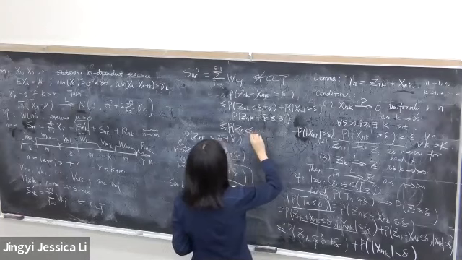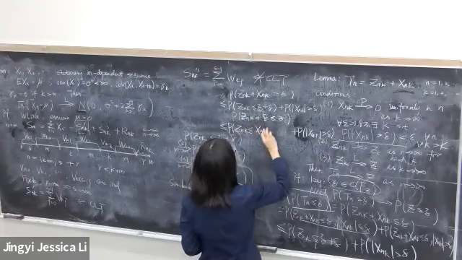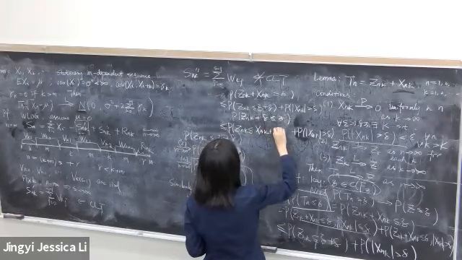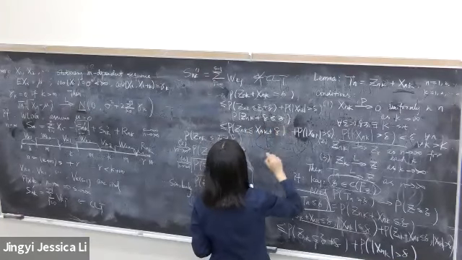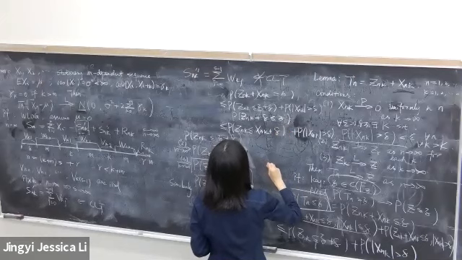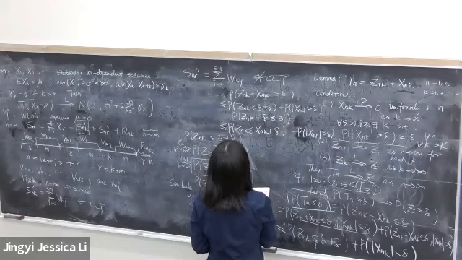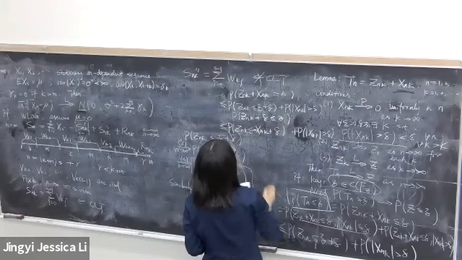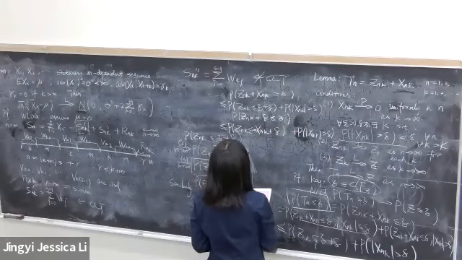Okay, so I'm going to switch those two. Xk plus delta, that's what I want to say. Xk minus delta.